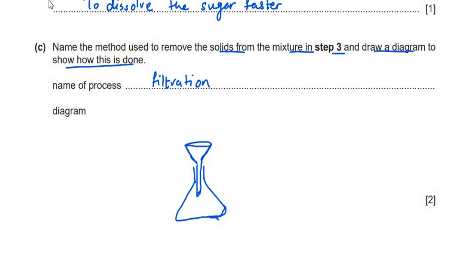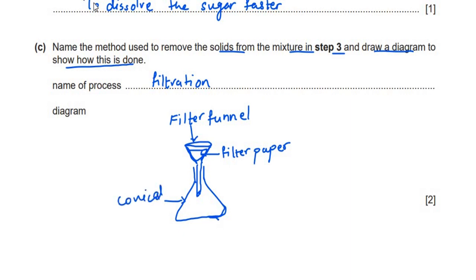Now in the funnel we need to add filter paper. So here we need to label it filter paper. This one is filter funnel, and then conical flask.